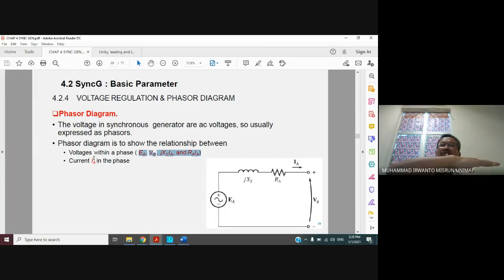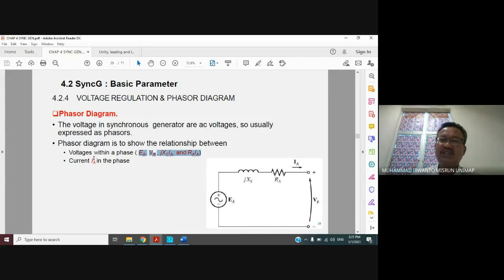In this case the cos theta is leading. If the voltage appears first and then the current, meaning current lags voltage by some degrees, the cos theta or power factor is lagging. If they appear together, meaning the current is in phase with the voltage, this one is unity. That is the logic, easy to understand.